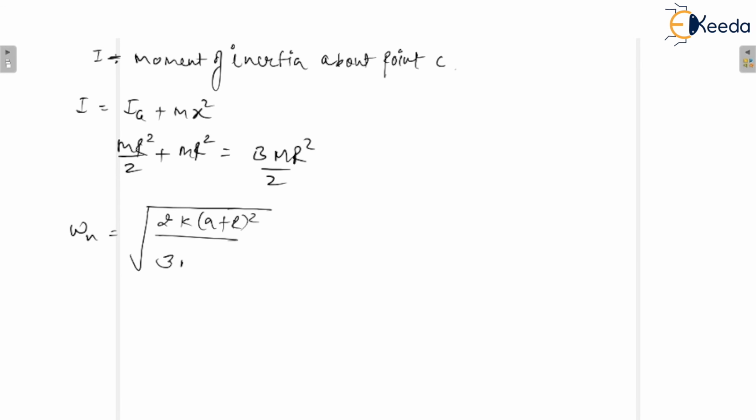So 3 m r square by 2 will go into the denominator, and 2 and 2 will become 4. Okay, so you just have to rearrange this and you will get a plus r, because it is having a square, it will come out of the square root, and this is r, and under root of 4k upon 3m.